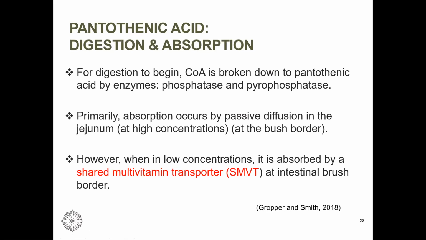You will hear this name again when we do certain minerals. So there is a chance of competitive inhibition: if somebody is deficient in various nutrients and they only have SMVT, then many things need to be carried along with just one transporter.